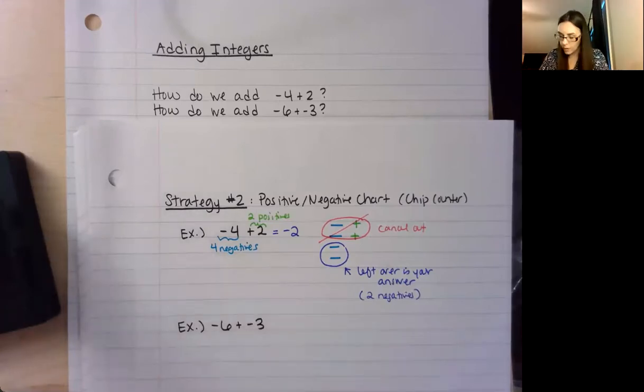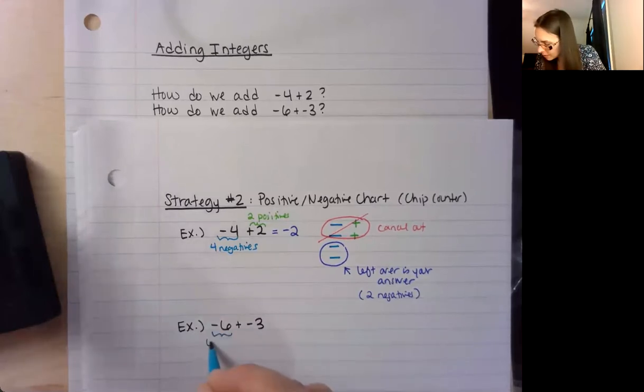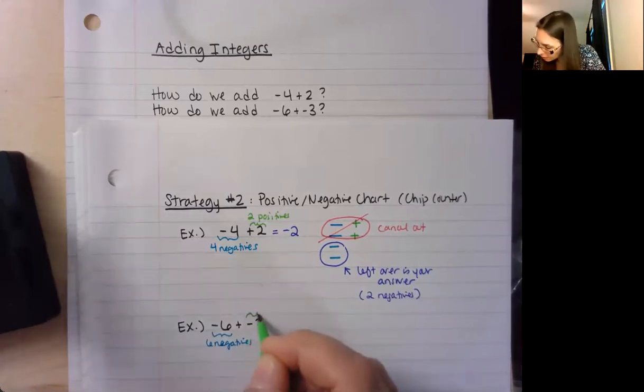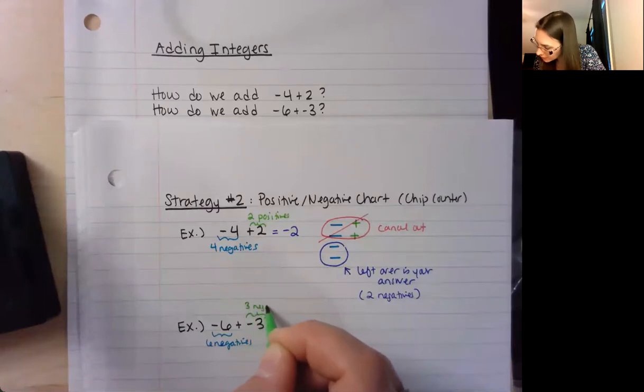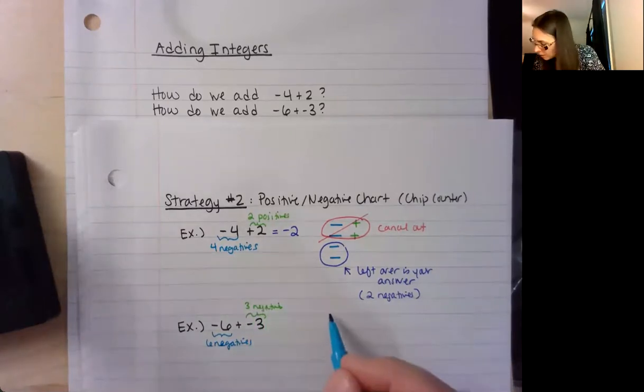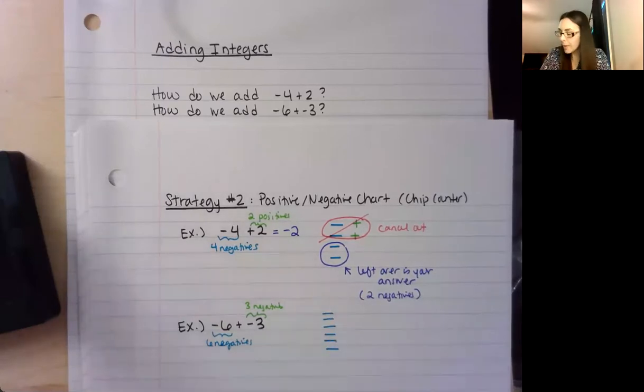All right, so let's do it again. So here I have 6 negatives. And then I have 3 more negatives. So let's see, I have 1, 2, 3, 4, 5, 6 negatives. And I'm going to put my negatives in the same column.